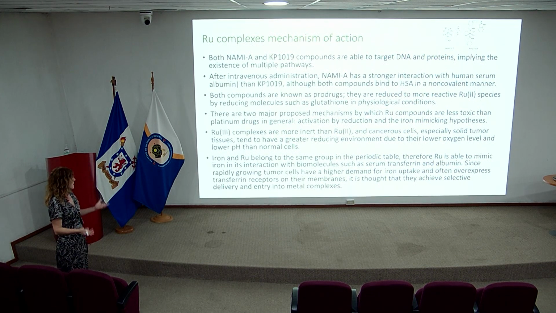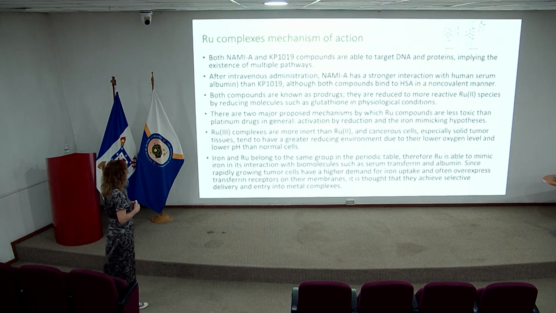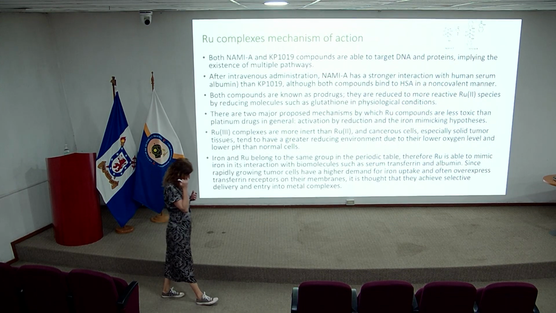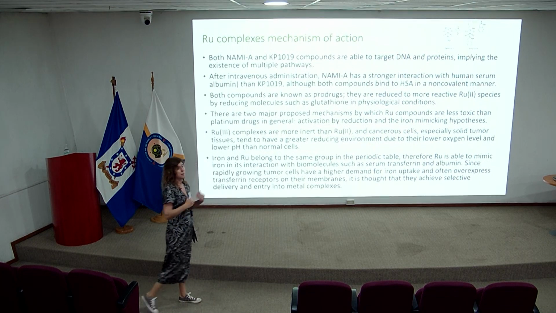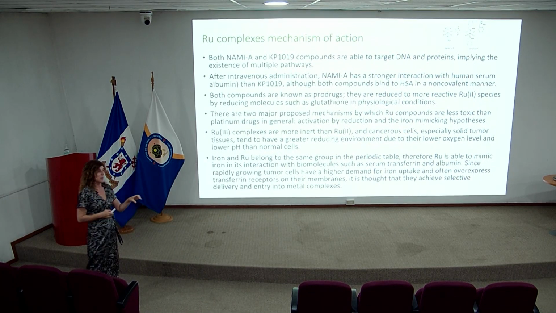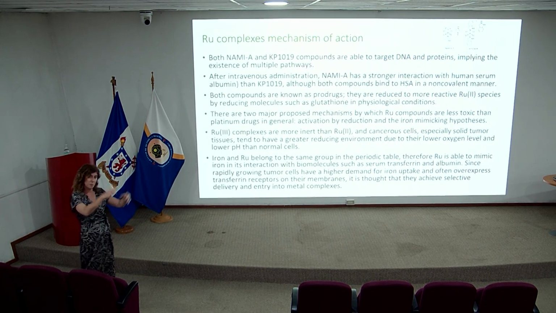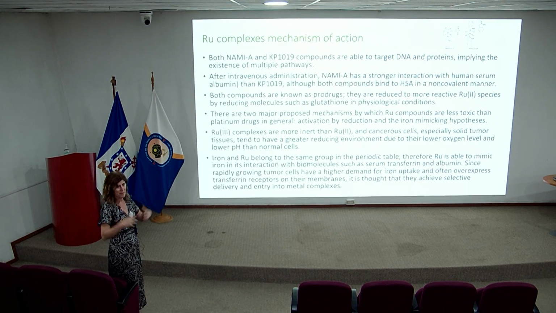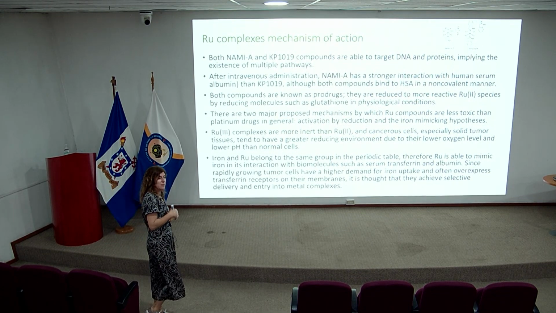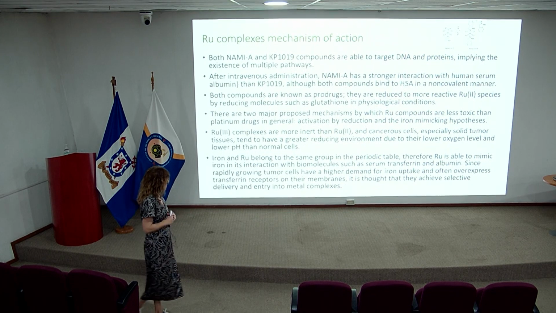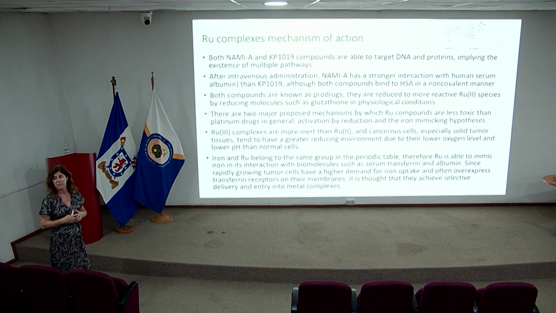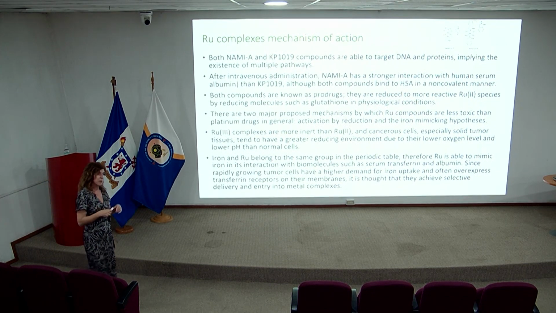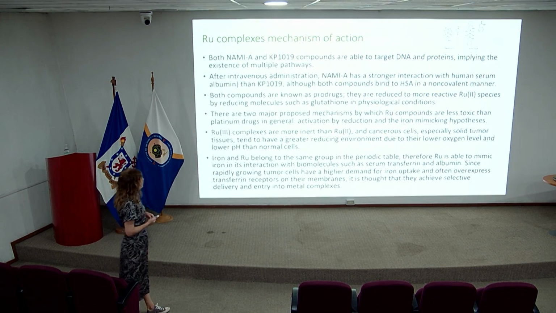And so this might be a way to achieve selective delivery and entry of the metal complexes, although I think people forget that what is being uptaken is not a metal ion, it's not ruthenium, it's a complex. So the complex needs to be able to bind to the proteins, for instance transferrin, and not to change its conformation so much that it can still bind the transferrin receptor and be uptaken into the cell.